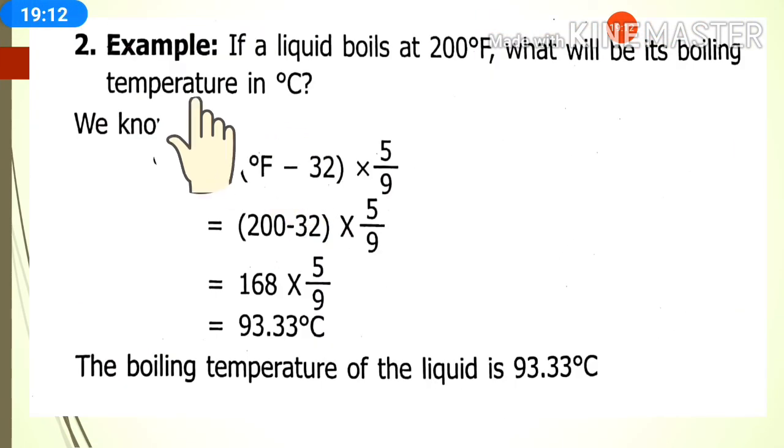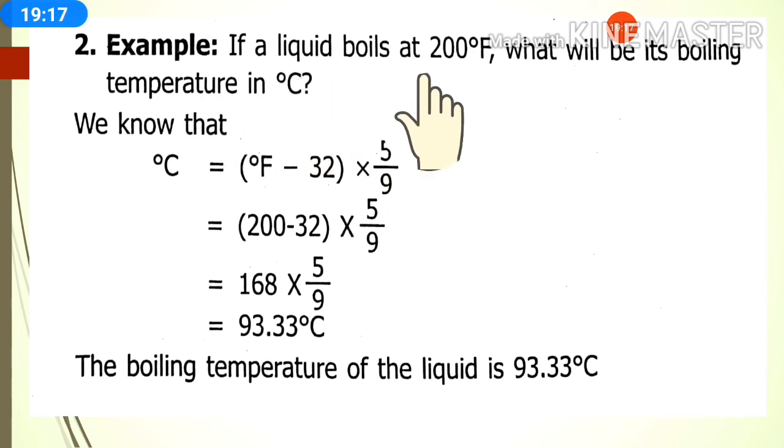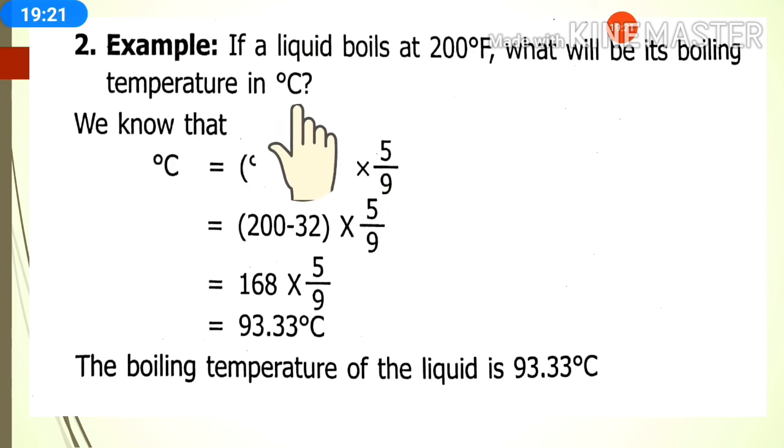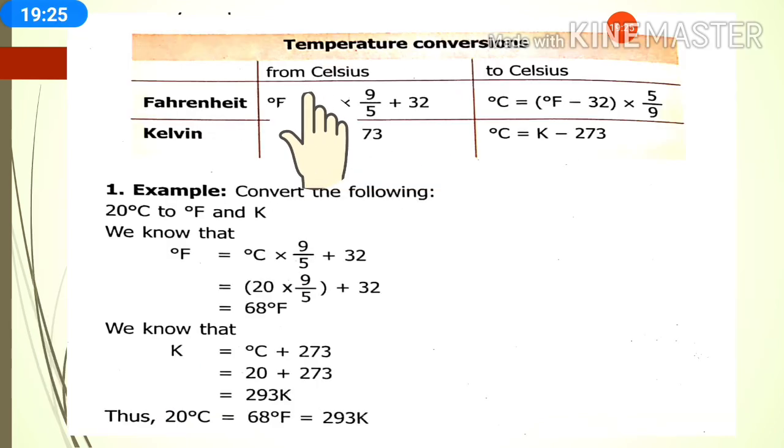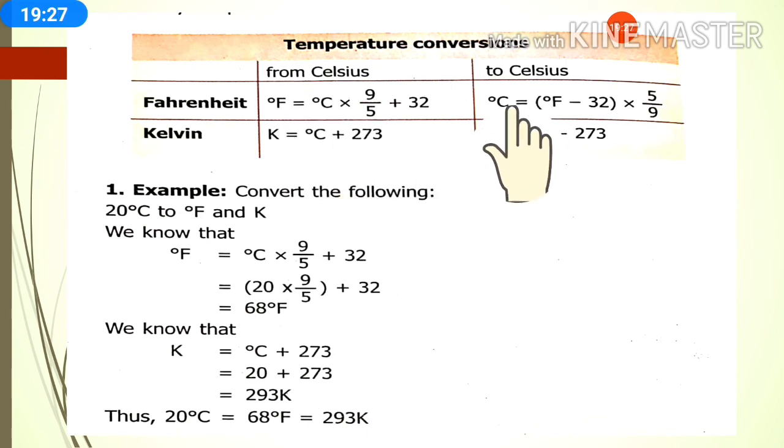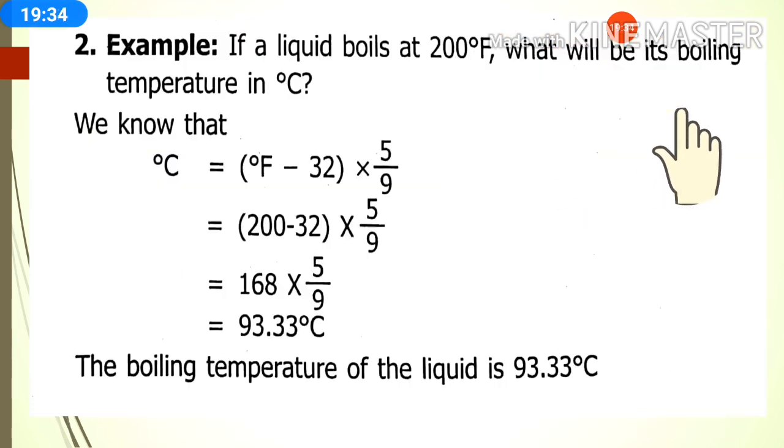Now we have one more example. There is another conversion. If a liquid boils at 200 degrees Fahrenheit, what will be its boiling temperature in Celsius? Now here from Fahrenheit we have to convert to Celsius. So we will use the formula: Fahrenheit value minus 32 into 5 by 9.